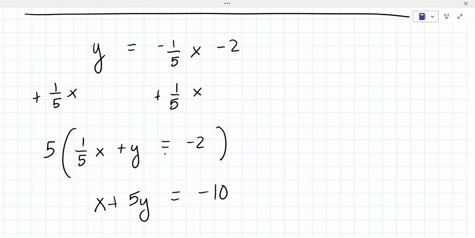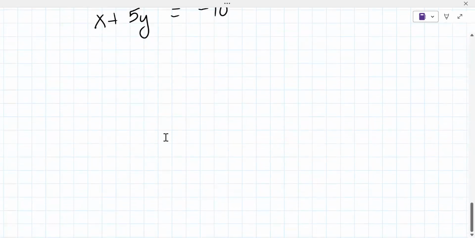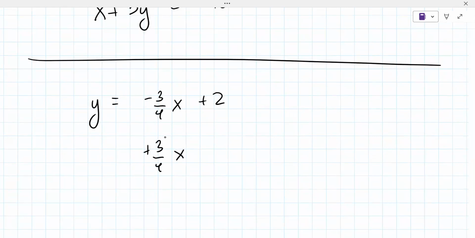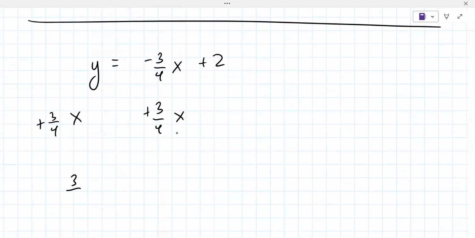Now, I don't want to give you the impression that it's always like 1/5 or 1/2 or 1/3. I mean, really the slope could be anything. Like it could be y equals -3/4 x plus 2. So when you add this to the other side, we got 3/4 x plus y equals 2.